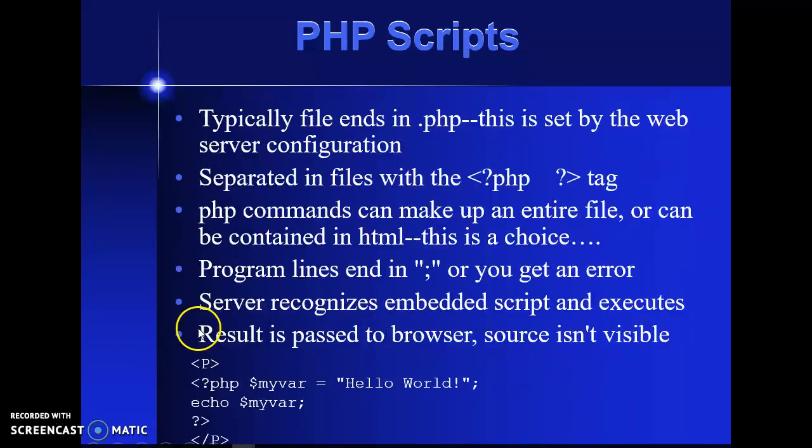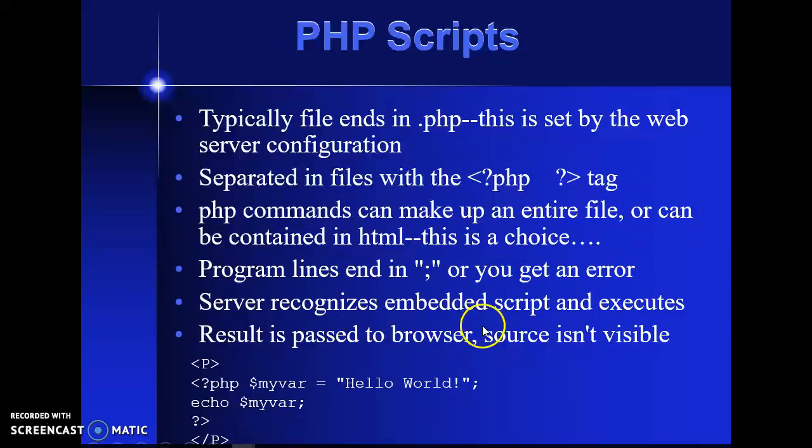The program will be started with the tag like this, angle brace and a question mark with PHP, and the end tag will be a question mark and another angle brace. PHP commands can make up an entire file or can be contained in HTML. This is a choice. A program line ends in a semicolon or you get an error.